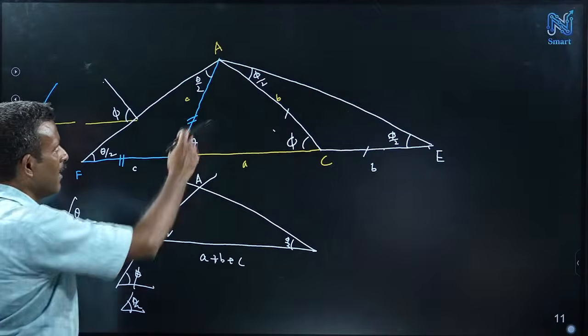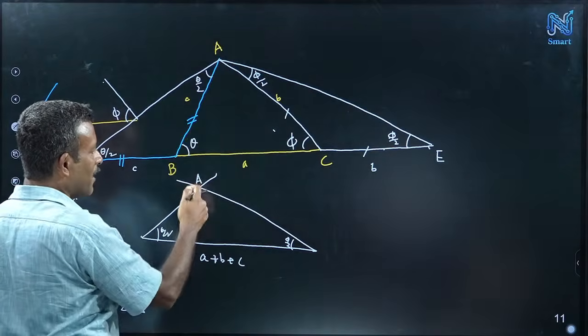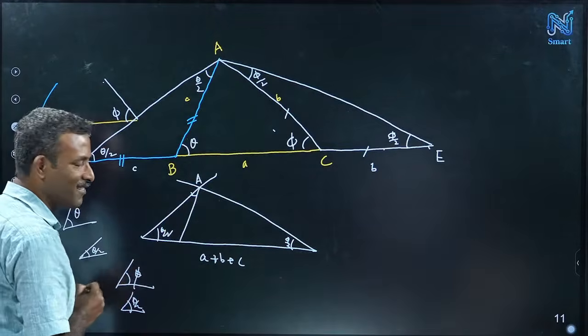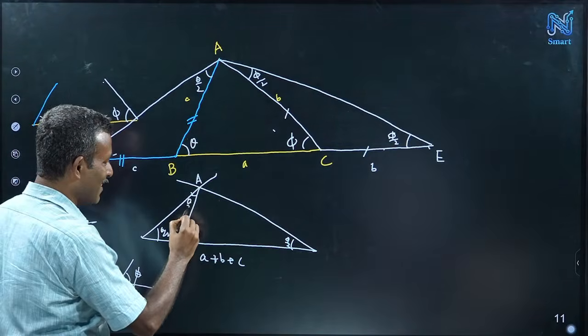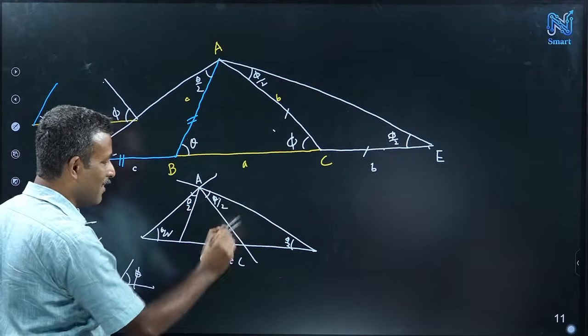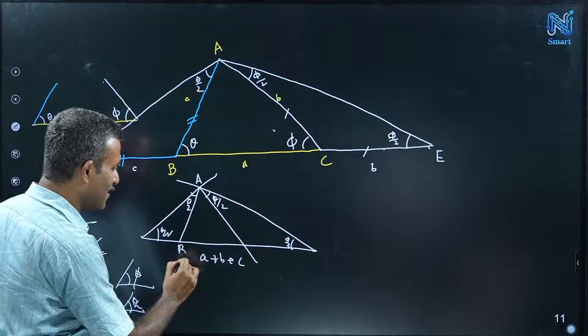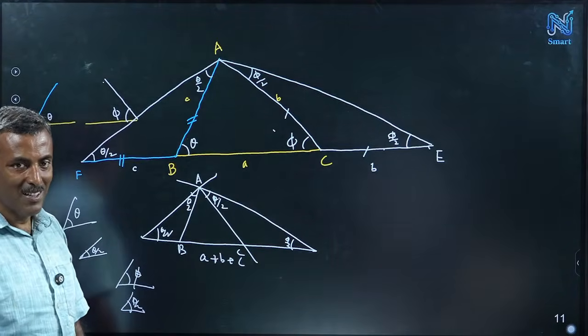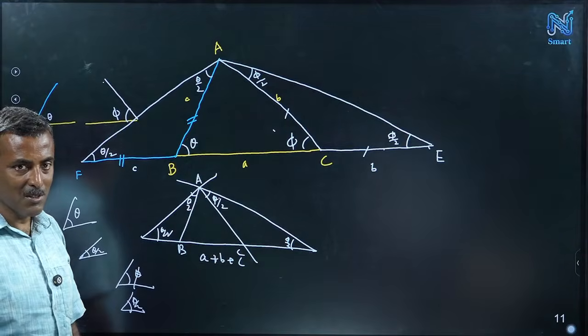Same idea, you have to replicate theta by 2 here. Here draw the theta by 2. Here you draw the phi by 2. Done. This is your B, this is your C. How do you prove it is the required construction?